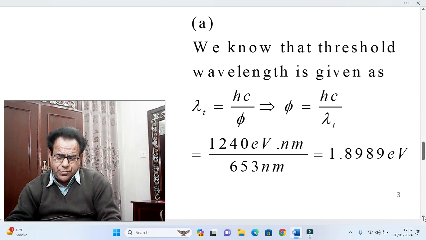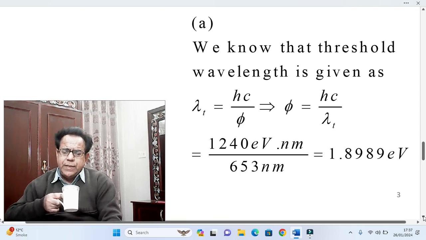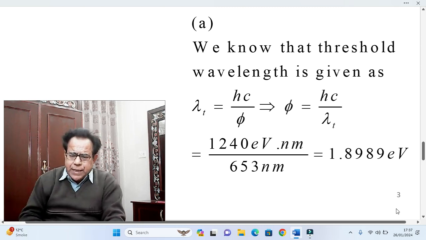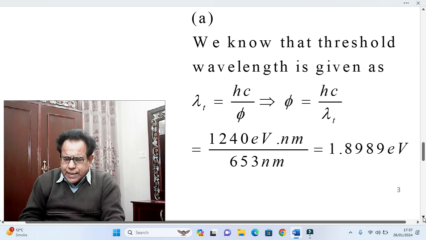Similarly, the value of threshold wavelength lambda is provided in the statement, which is 653 nanometer. We just put these two values in this expression, and our answer, the work function, becomes equal to 1.8989 electron volt.